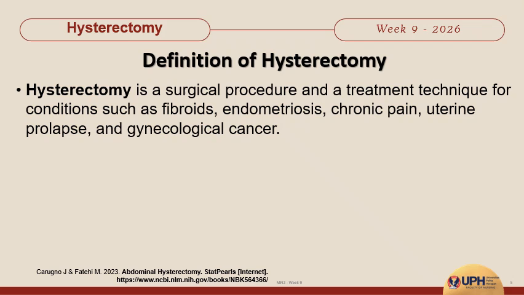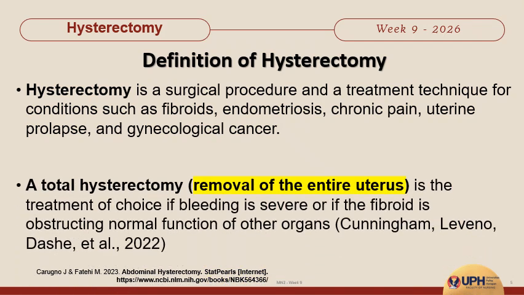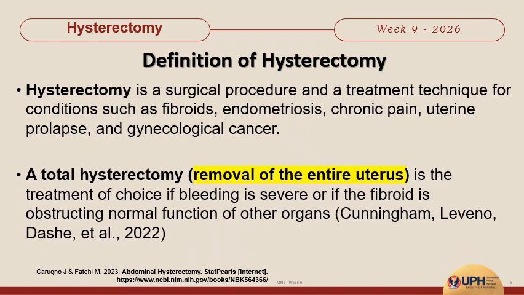We want to learn about what it is so that we as nurses will be able to take care of our patients who are going through this medical procedure. A total hysterectomy means the removal of the entire uterus. This is the treatment of choice if the bleeding is very severe or if the fibroid is causing obstruction of the normal functions of the other organs of the woman.